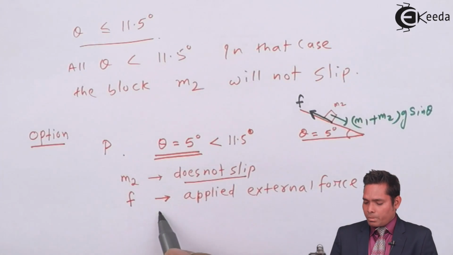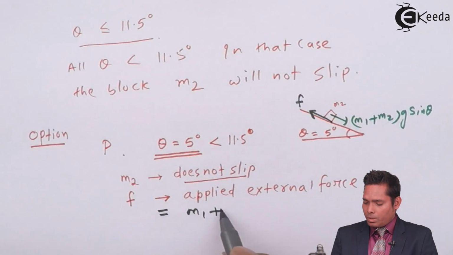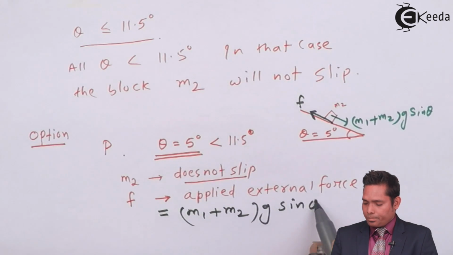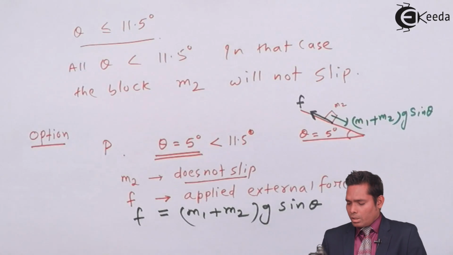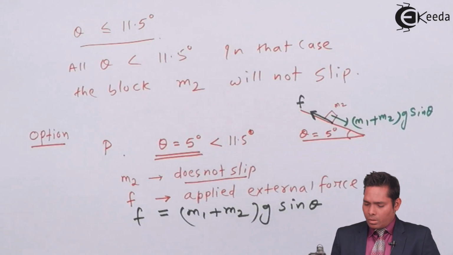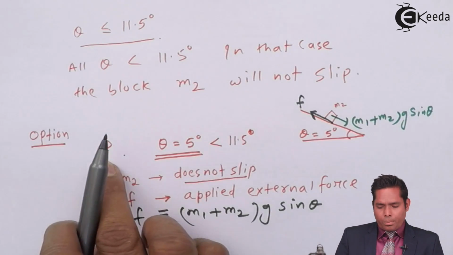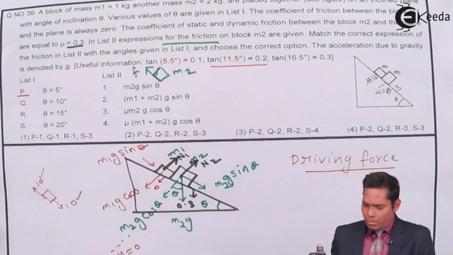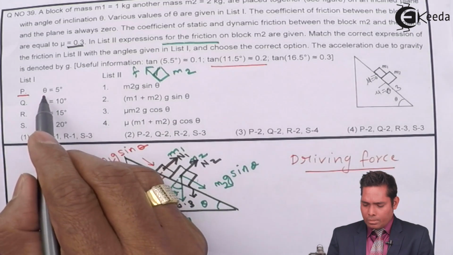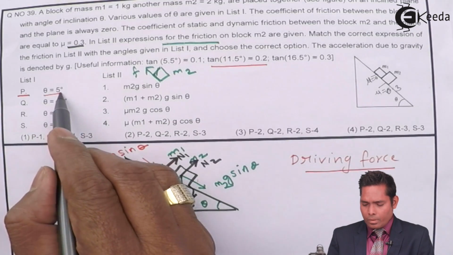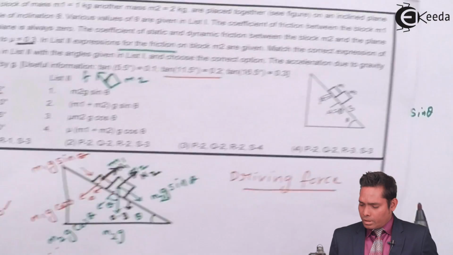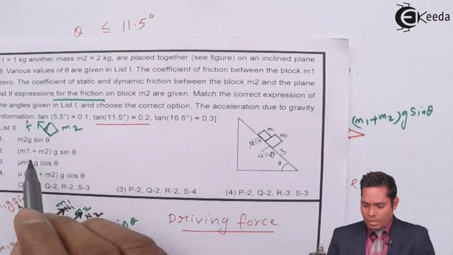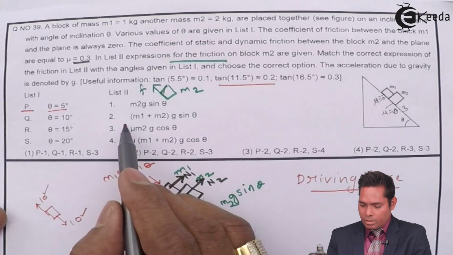So the friction must be equal to M1 plus M2 g sine theta. This is the friction in the case of option P. So in option P, where theta is 5 degree, I am getting the answer M1 plus M2 g sine theta. This is the friction value acting on this, so this is the answer.